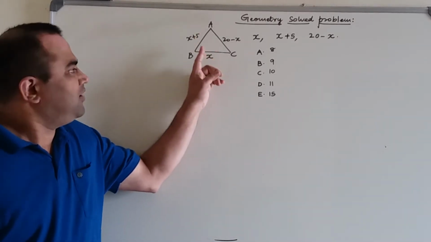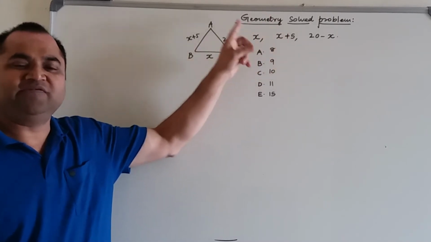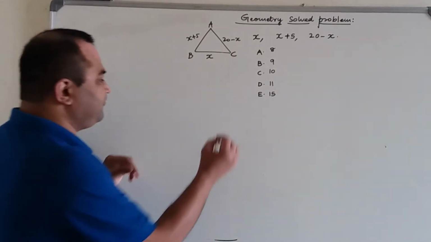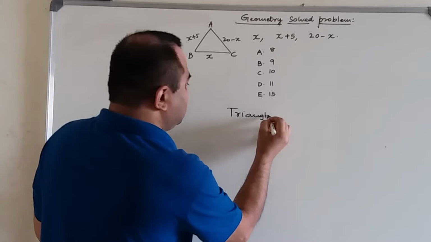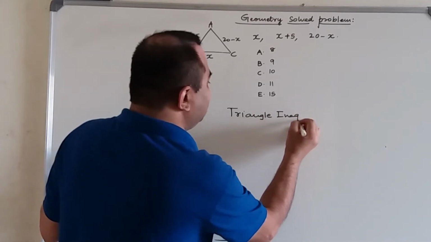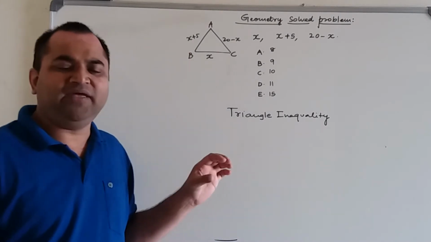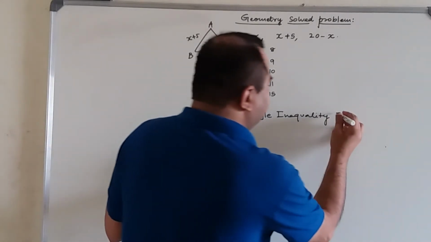In this video, I am going to solve a problem in geometry using the triangle inequality property. Let me write down. The triangle inequality property lays some conditions on the lengths of the sides in a triangle.